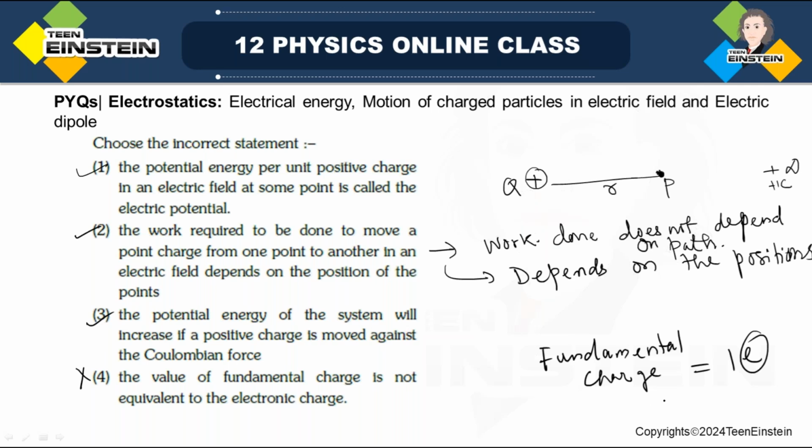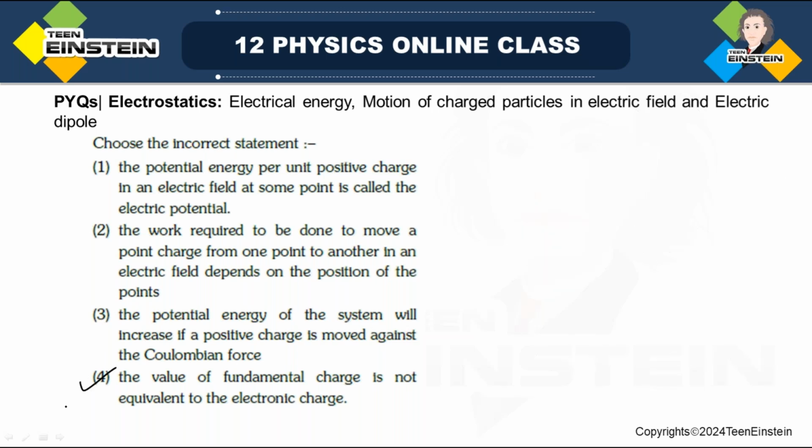And that has a value of positive 1.6 into 10 to the power minus 19 coulomb. So this is the fundamental charge. So the third option is not actually correct. So we have got the correct answer.